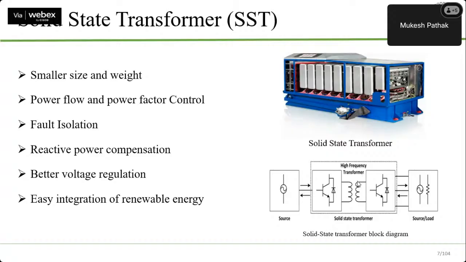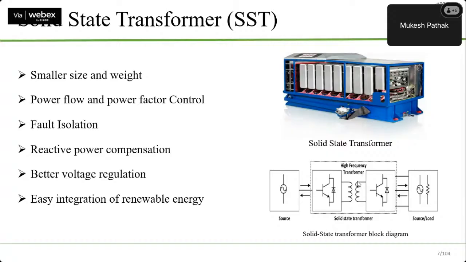Transportation becomes much easier, and it can be placed in a very small location, requiring a very small area. So in cities where space is at a premium, such transformers can be a very attractive alternative.